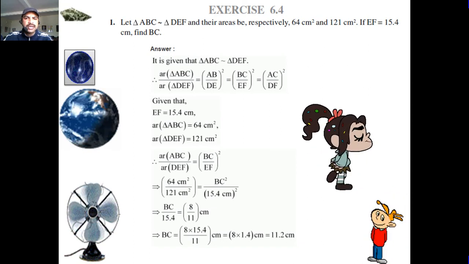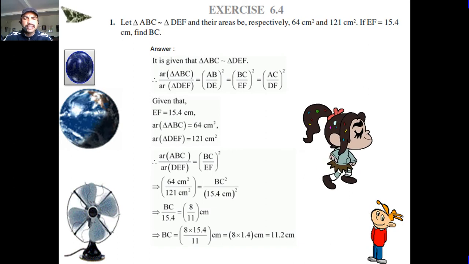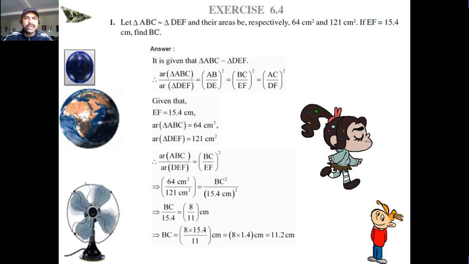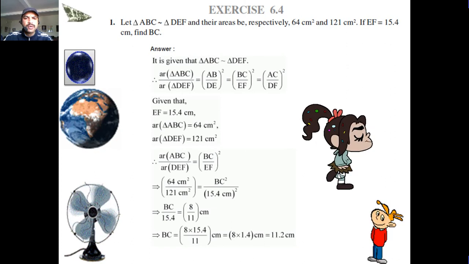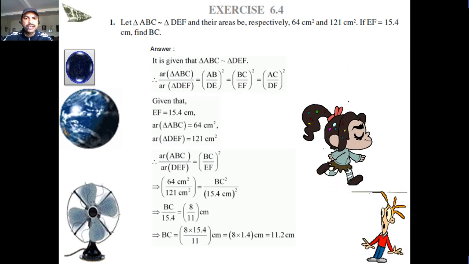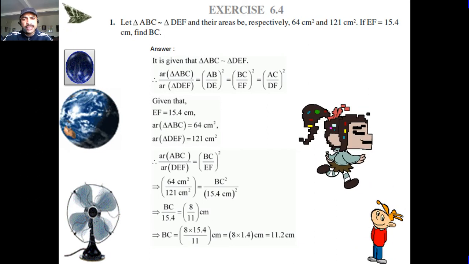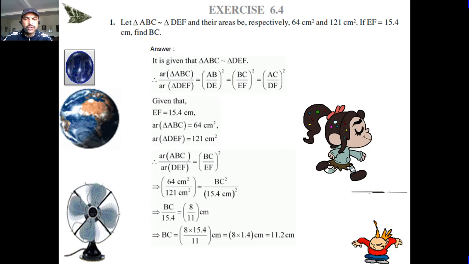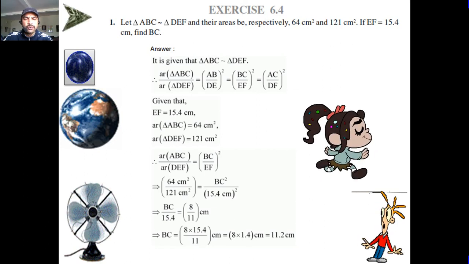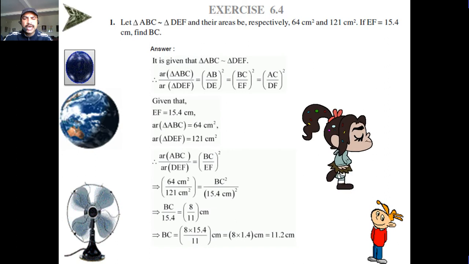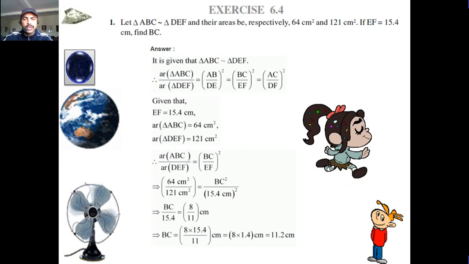Answer: it is given that triangle ABC is similar to triangle DEF, that is area of ABC upon area of DEF is equal to AB upon DE whole square is equal to BC upon EF whole square is equal to AC upon DF whole square. Given that EF is equal to 15.4 centimeter, area of triangle ABC is equal to 64 centimeter square, area of DEF is equal to 121 centimeter square.